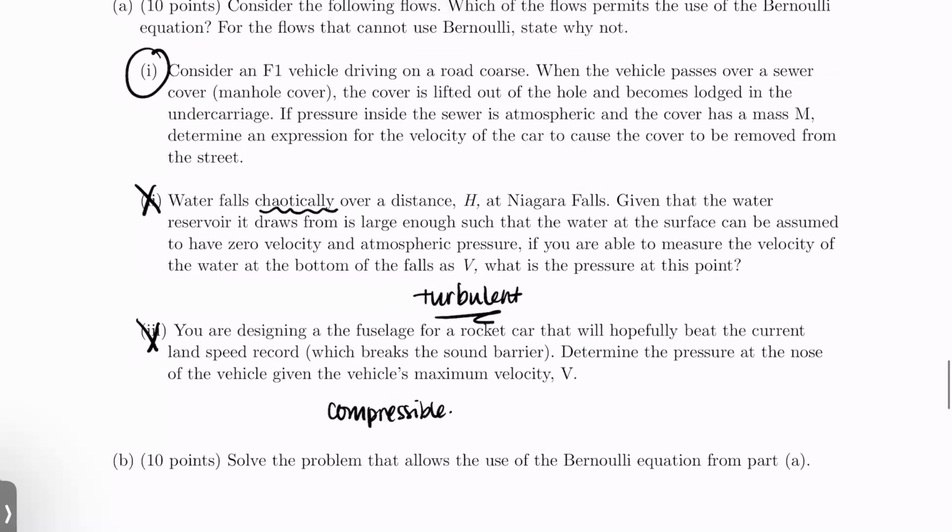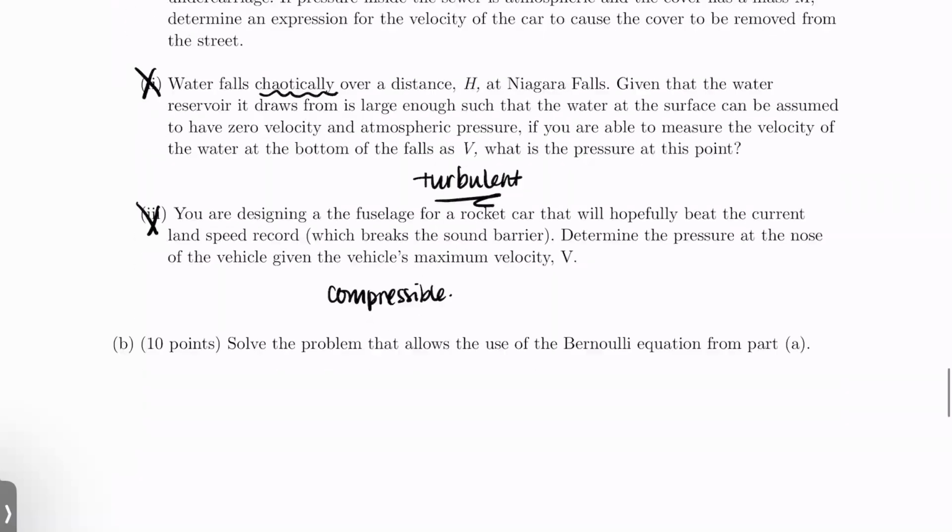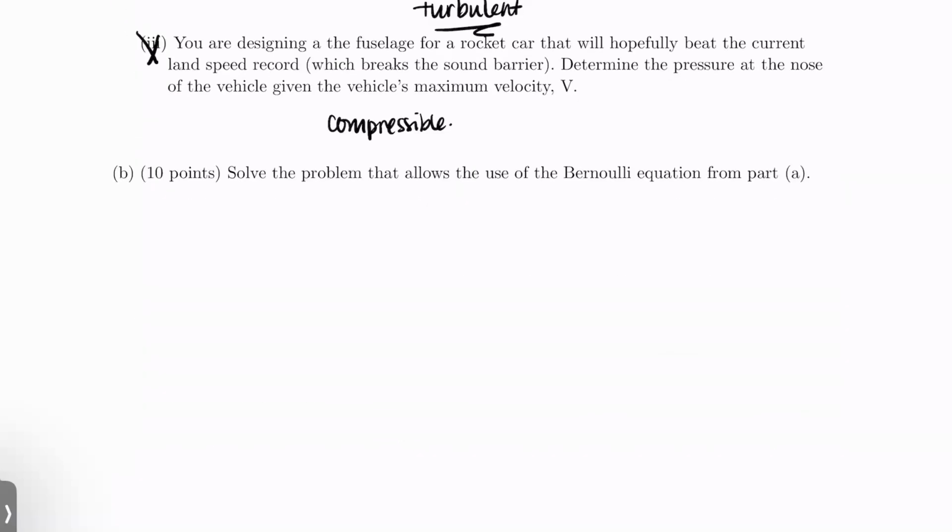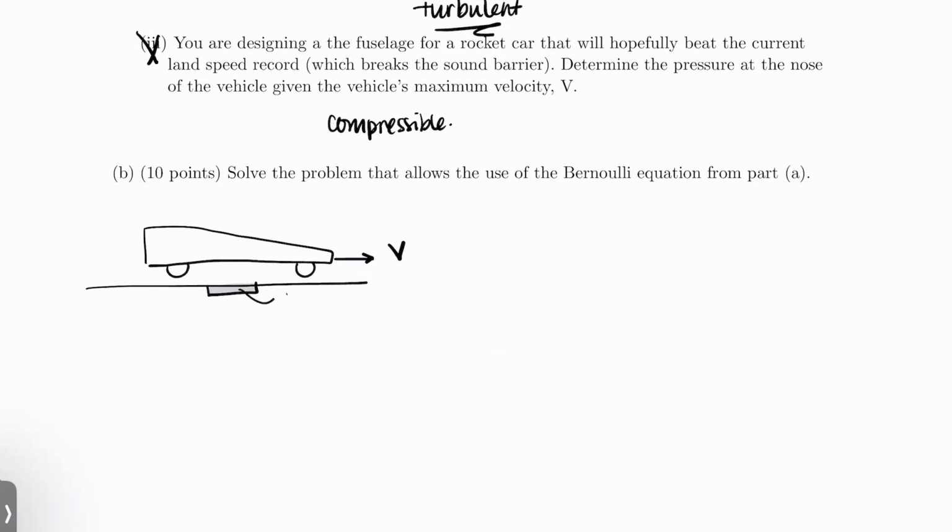And so we want to find an expression for the velocity of the car. All right, so we have a race car, a very simple race car, going at a speed v. And we have this manhole cover here, and the manhole cover has a mass m.